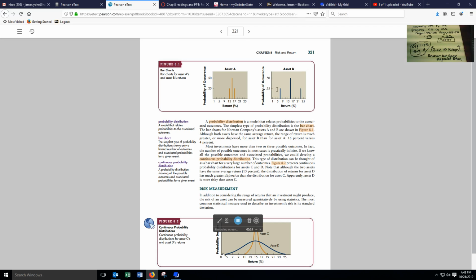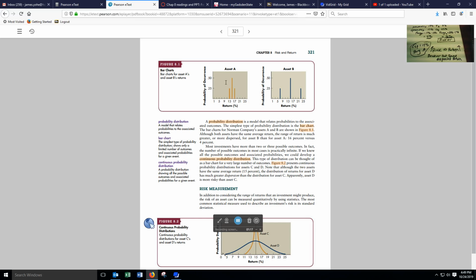If we look here, there's a 50% chance that this asset will earn its expected return of 15%, a 25% probability that it'll earn 13%. That's the pessimistic case. And then a 25% chance that it will earn that 17%. And that was asset A we looked at.